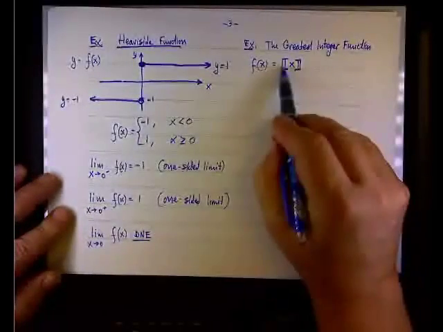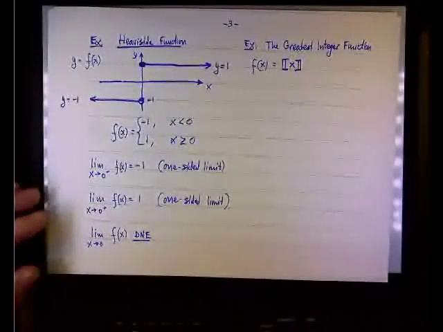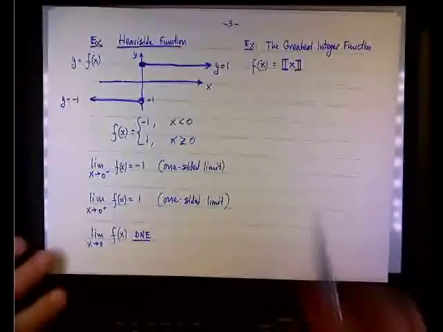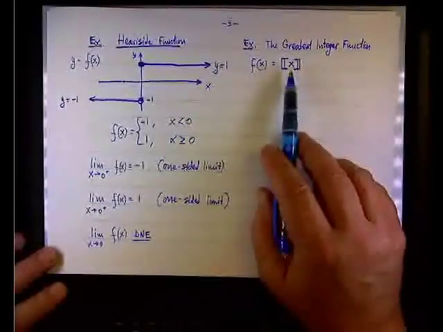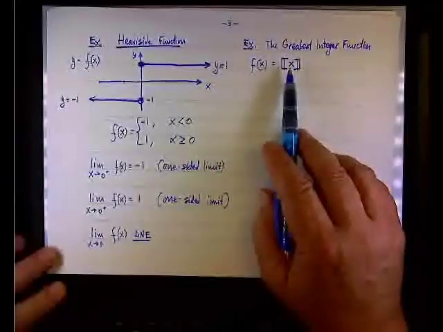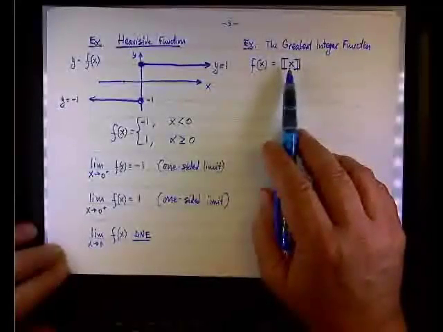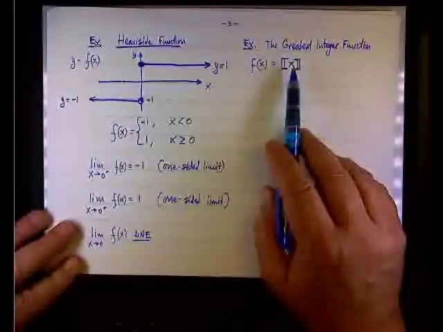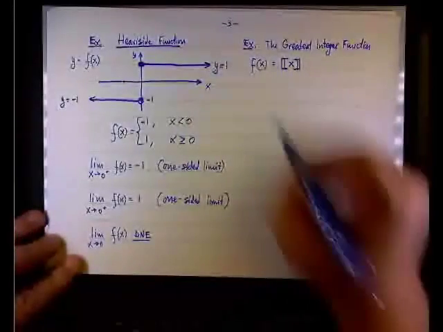In other words, double lines on this. What it does, for instance, if this number is a rational number x, let's say 2.1, the function will return the greatest integer portion of this number.